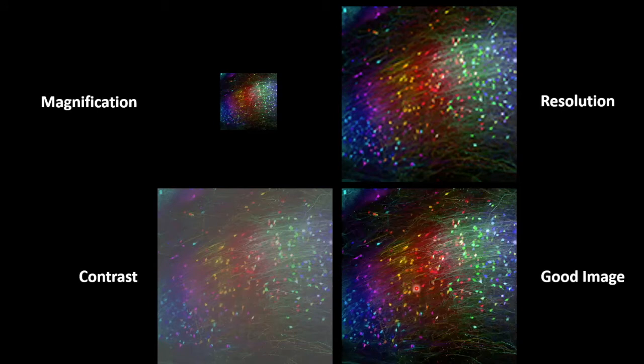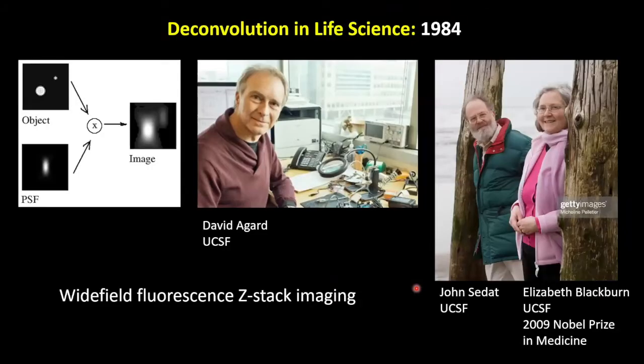Before talking about super resolution, I will introduce other really clever ideas to get a good image. First of all, many people are familiar with the term deconvolution. This term was first introduced to life science in 1984 by David Agard, who is also very famous in the electron microscopy field, and John Sedat at UCSF.